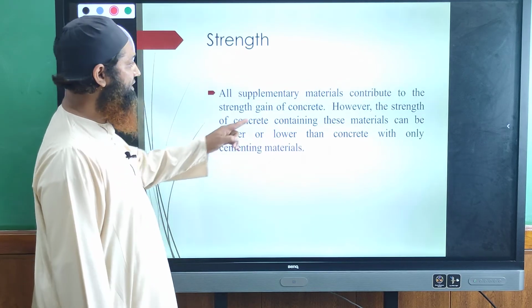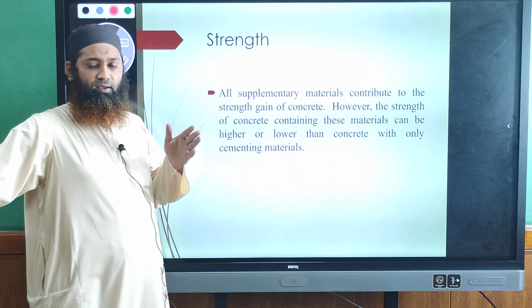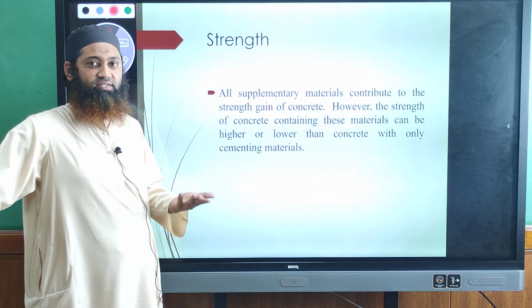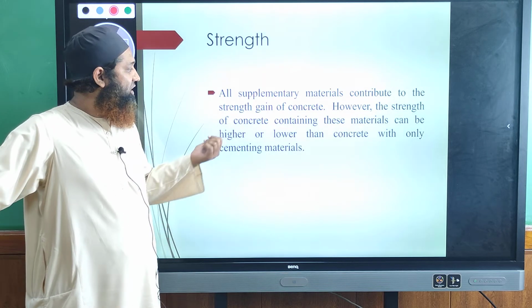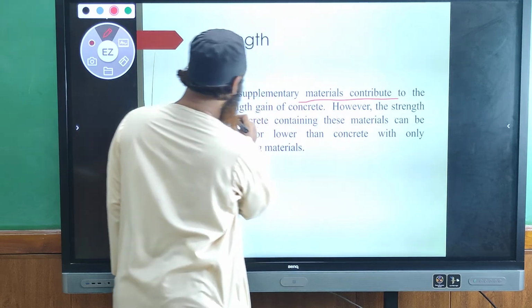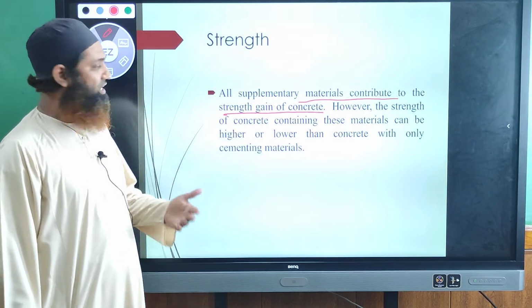All supplementary materials contribute to strength gain of concrete. This is the most important property, the basic requirement that we need. So they contribute, and the strength is also increased here.